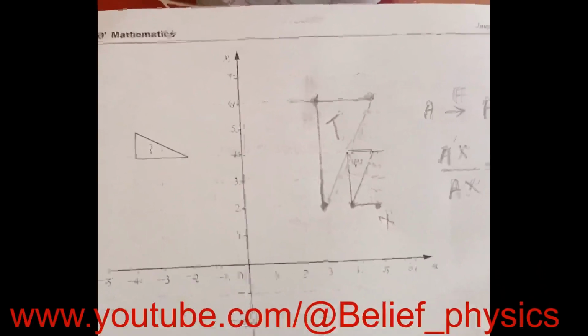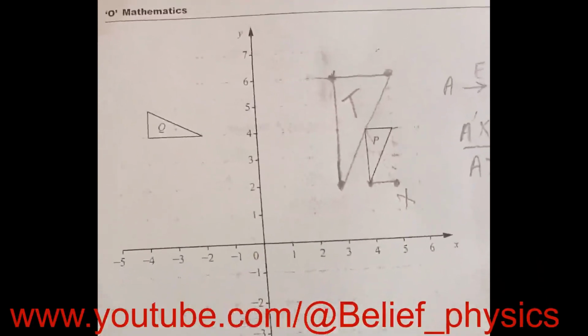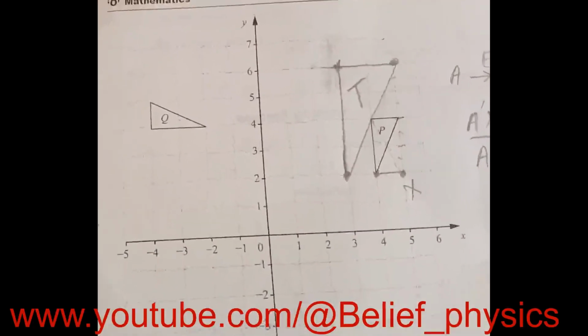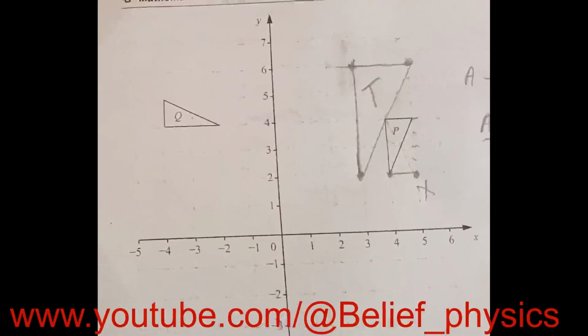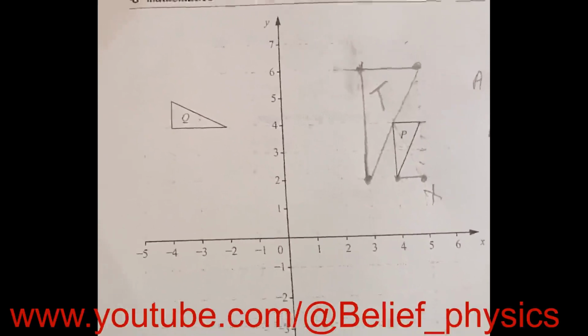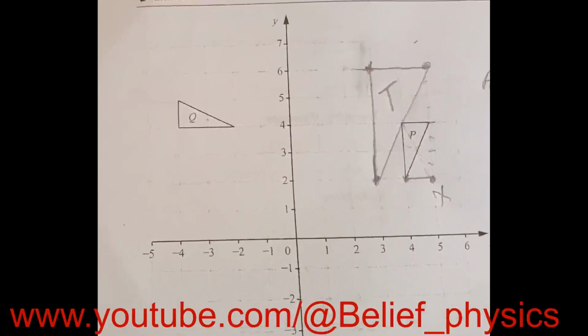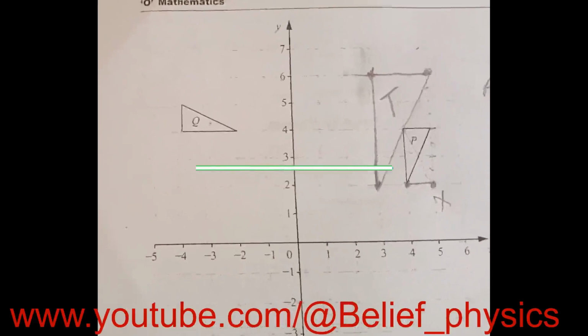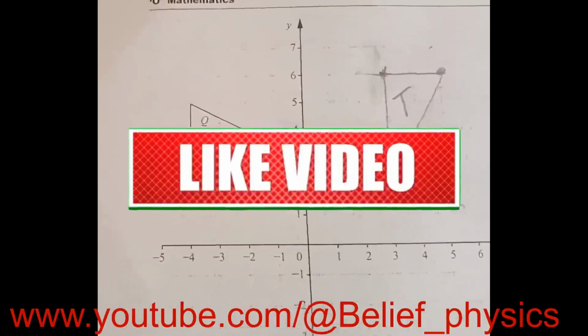Join object and image corresponding points and draw their perpendicular bisectors. The point where the perpendicular bisectors meet each other will be the center of rotation.